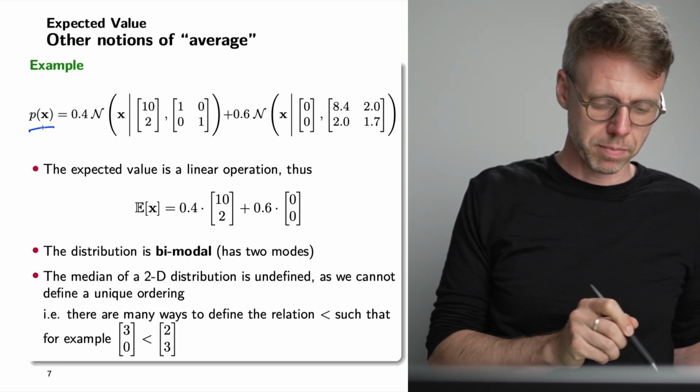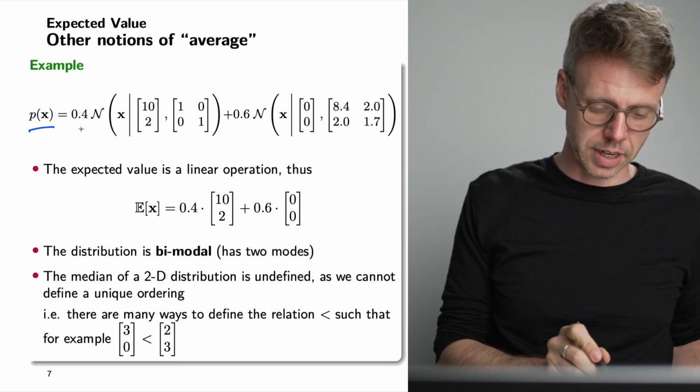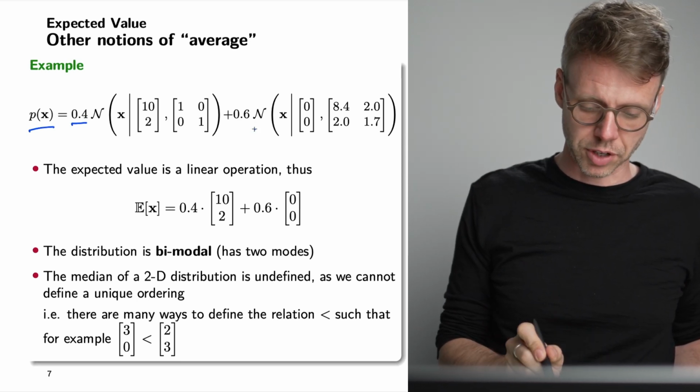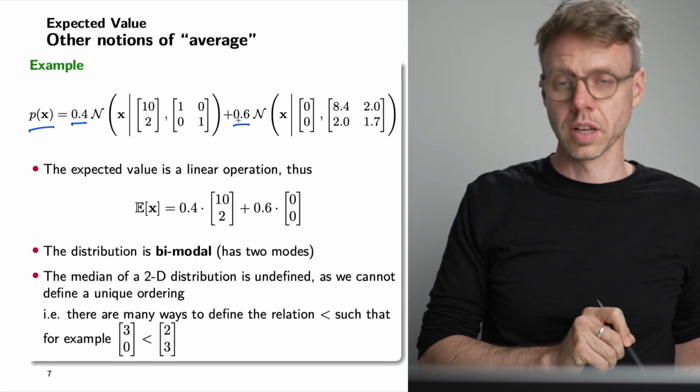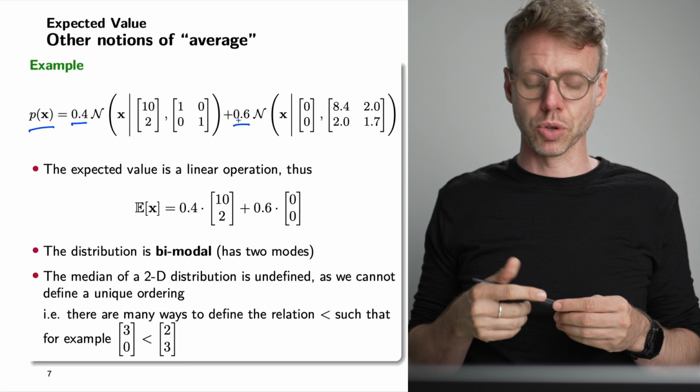So our P of x is given as the weighted average of two bivariate normal distributions.